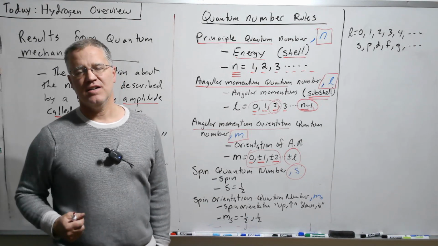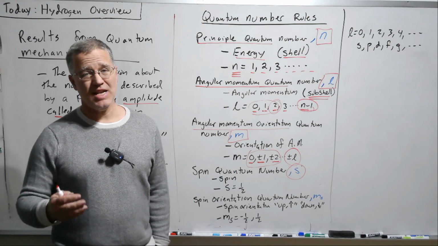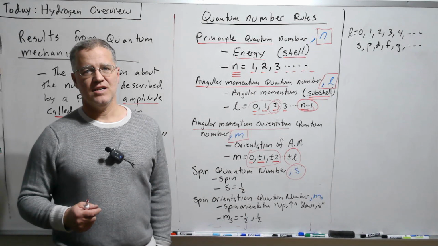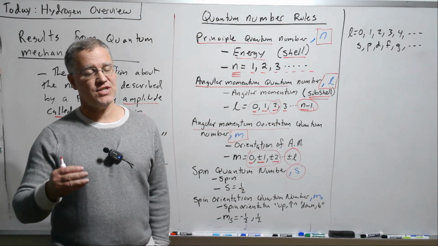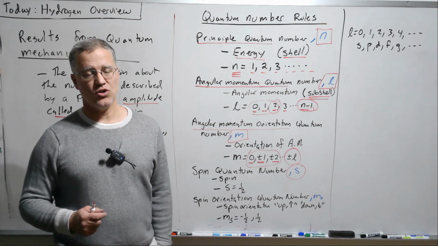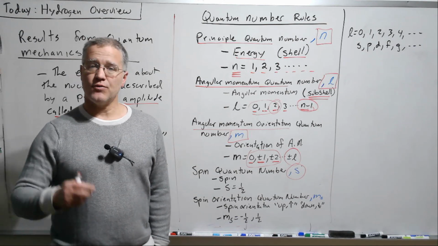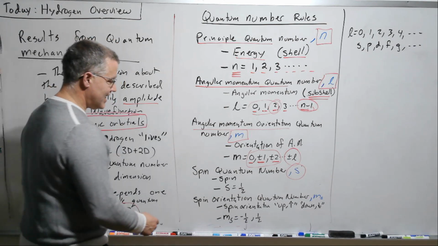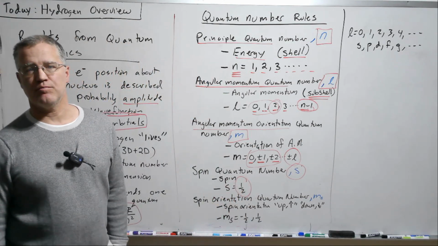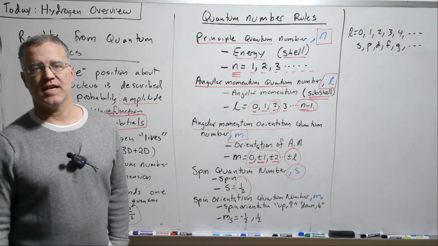You have to have 5 quantum numbers. But in many general chemistry books, and you might want to check yours and see how they do it, they'll just say there's 4 quantum numbers, and they don't include S. Now, the reason for that is that S is and always is 1/2 plus 1/2 for an electron.